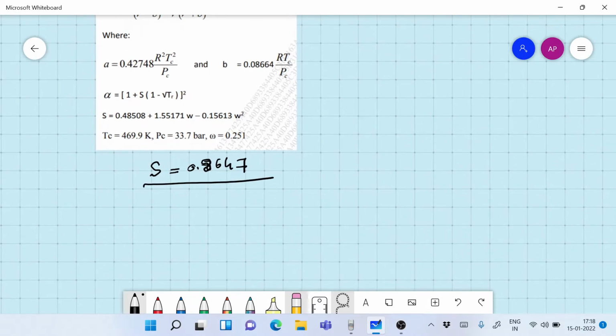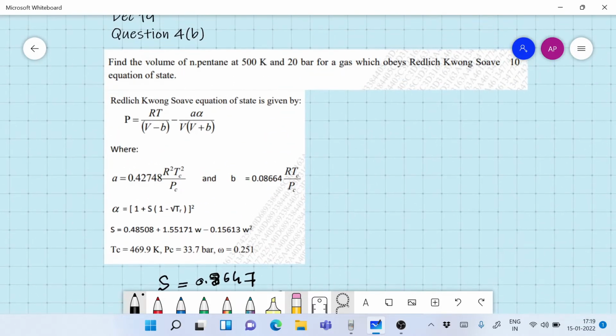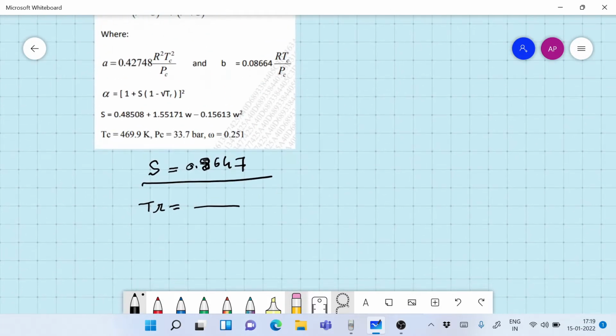Now further we calculate the reduced temperature, because we want to calculate alpha. The reduced temperature is the temperature at which you want to do the calculation, that is 500 Kelvin, divided by the critical temperature, which is 469.9 Kelvin.